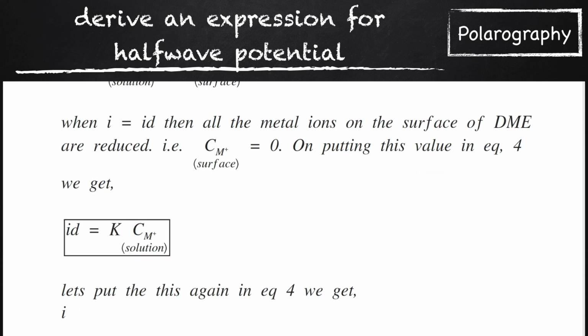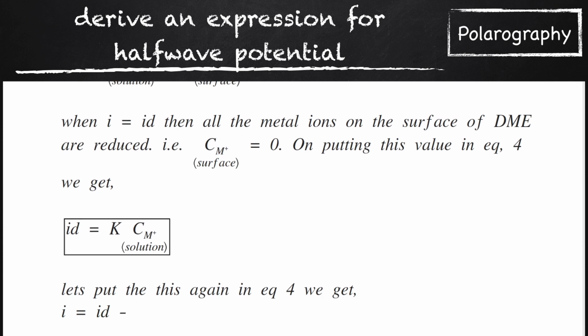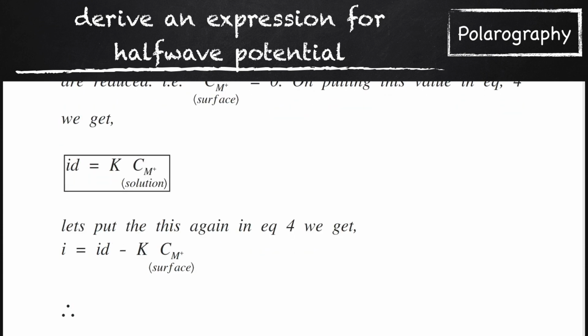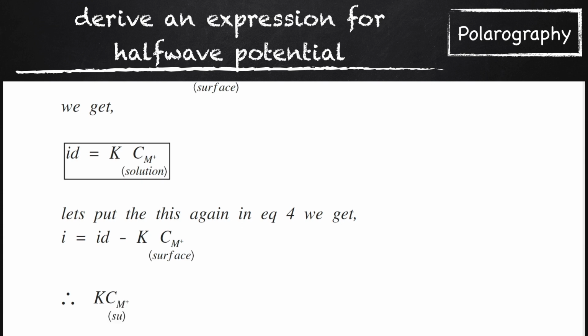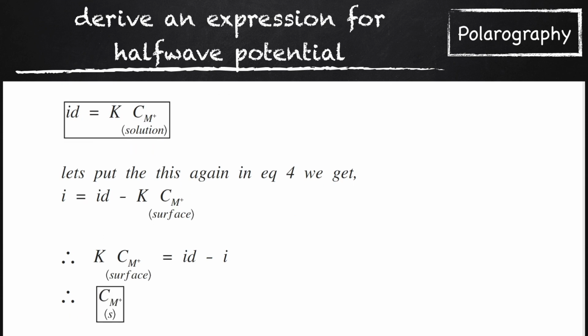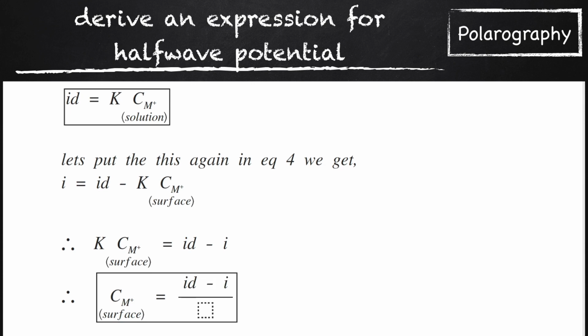We get I is equal to id minus K concentration of metal ions on the surface. Therefore, K into concentration of metal ions on surface is equal to id minus I, or we can get concentration of metal ions on surface is equal to id minus I divided by K. This is equation number 5.